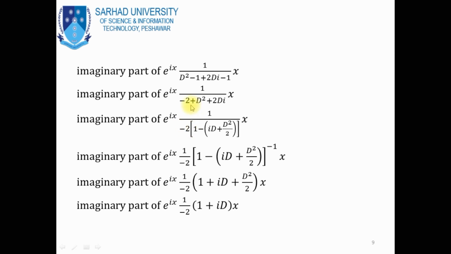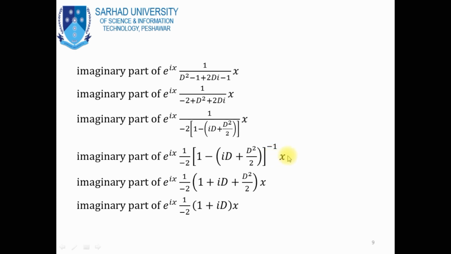Now we can write 1 minus, taking common minus, you see over here, if we multiply it by this minus 2 and plus minus plus, so minus into (iota D plus D square by 2), iota D plus D square by 2. Now shift this expression to the denominator, 1 minus into (iota D plus D square by 2) whole power minus 1.